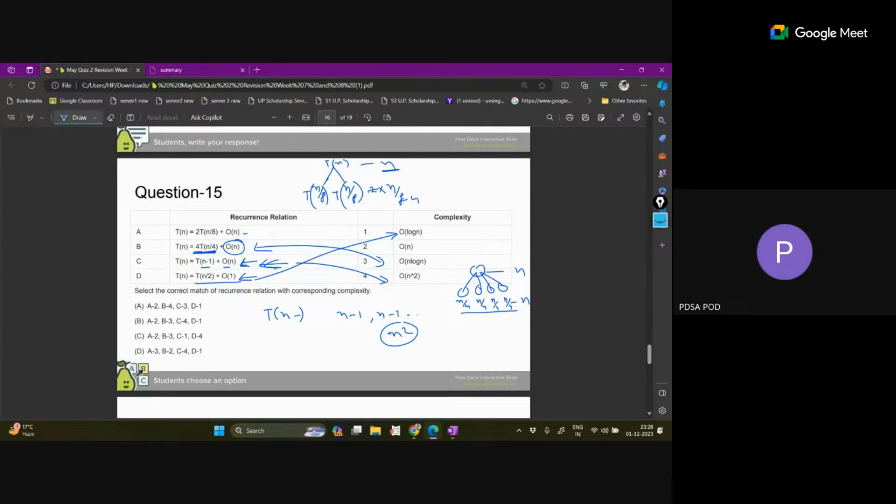In the decreasing case, we always pick f(n) as the complexity. So this will become f(n). Now, is the B part increasing or decreasing? Equal case. In the equal case, we need to take f(n) log n. So f(n) is n here, and log n. So n log n total.